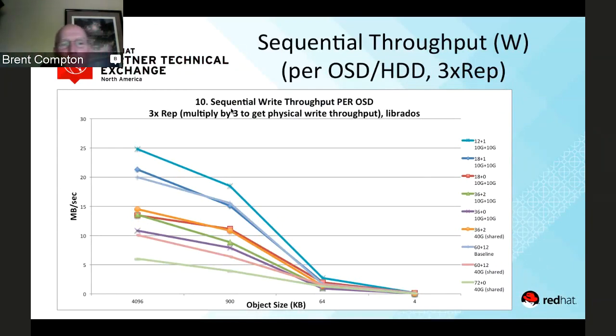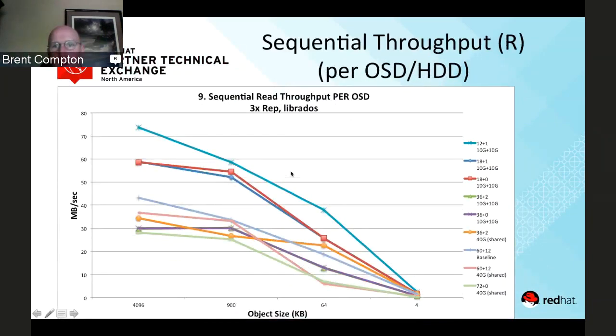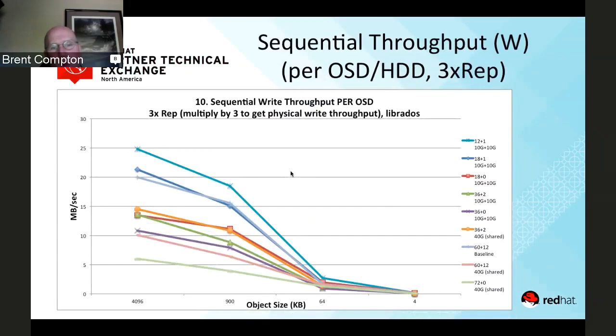So here's a softball one, Kyle. The previous slide, just looking at the 12 bay, so if I go up one slide for sequential read throughput, the individual drive was producing 75 megabytes per second of throughput with the largest block size, but that drops all the way from 75 down to around 25 with sequential writes.